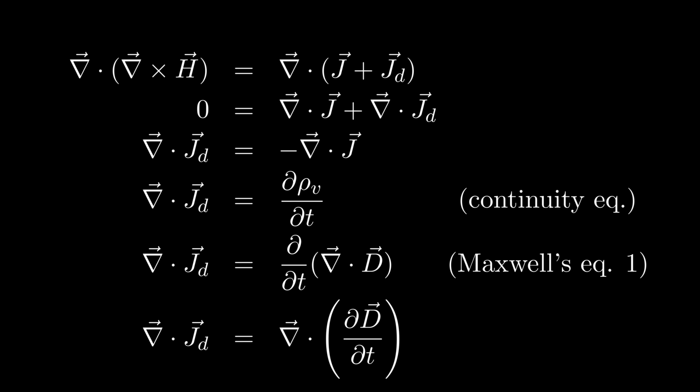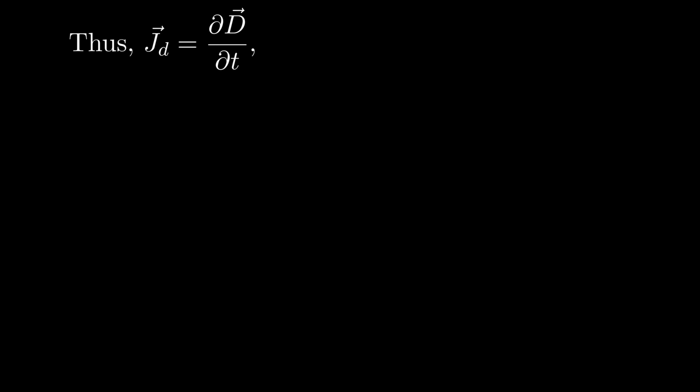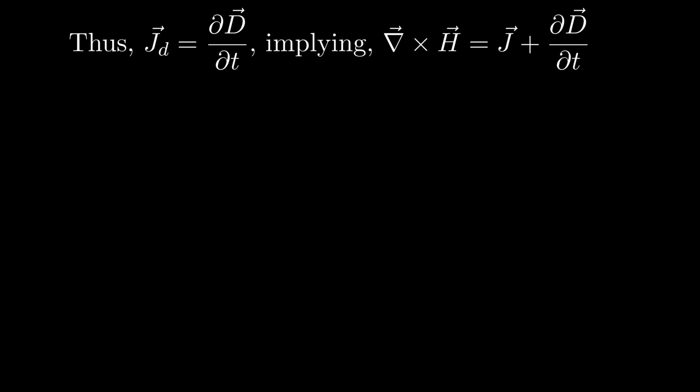Thus, as an identity, we have J_D equals del D del t. Thus, Ampere's law for time varying fields becomes curl of H equals J plus del D del t.